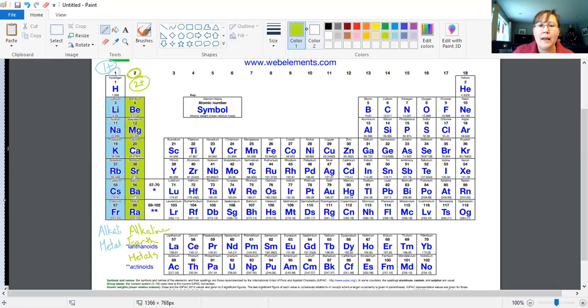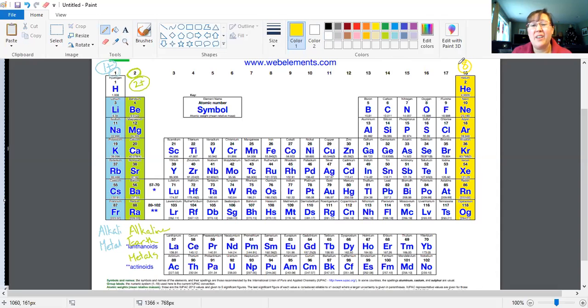All right, now let's come over to the side for a moment, and I'm going to color all these in nice and bright yellow. These are group 8, and I'm going to put an 8 here. They have an 18 written.